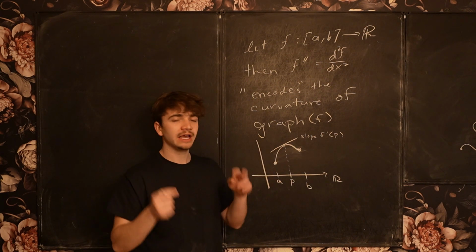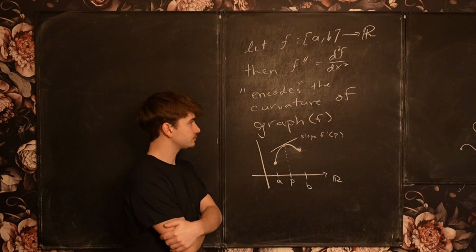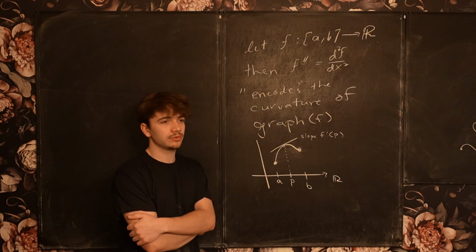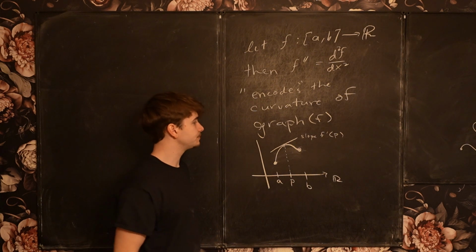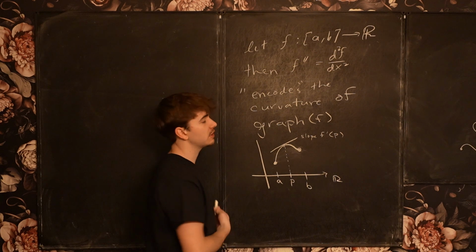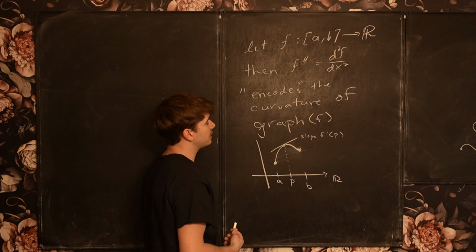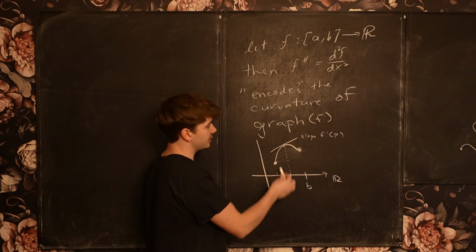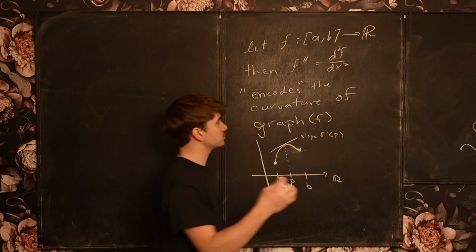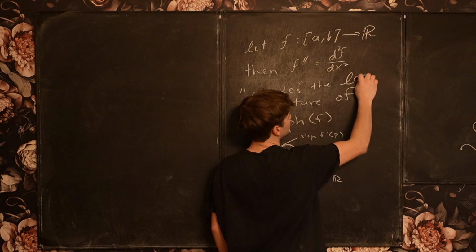So it's a local notion of slope essentially, the local slope of this graph. And then if I look at the second derivative at this point p, I can understand the local curvature.